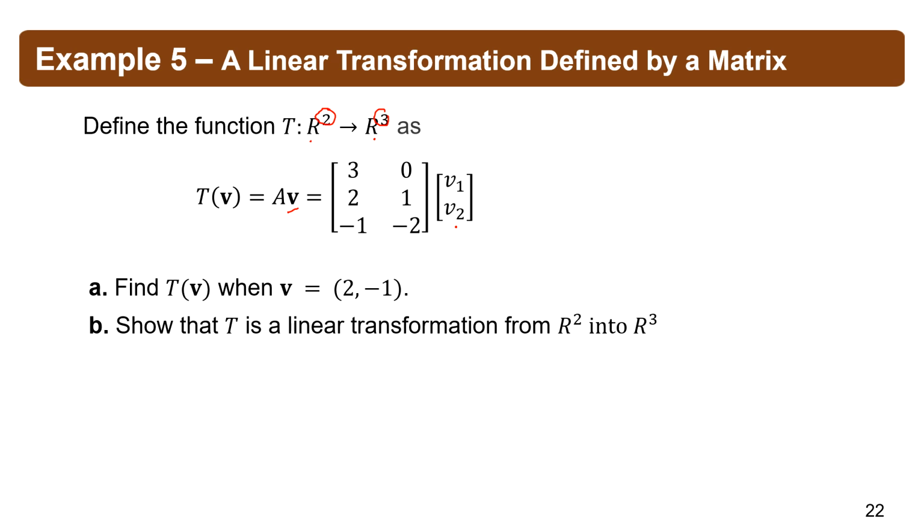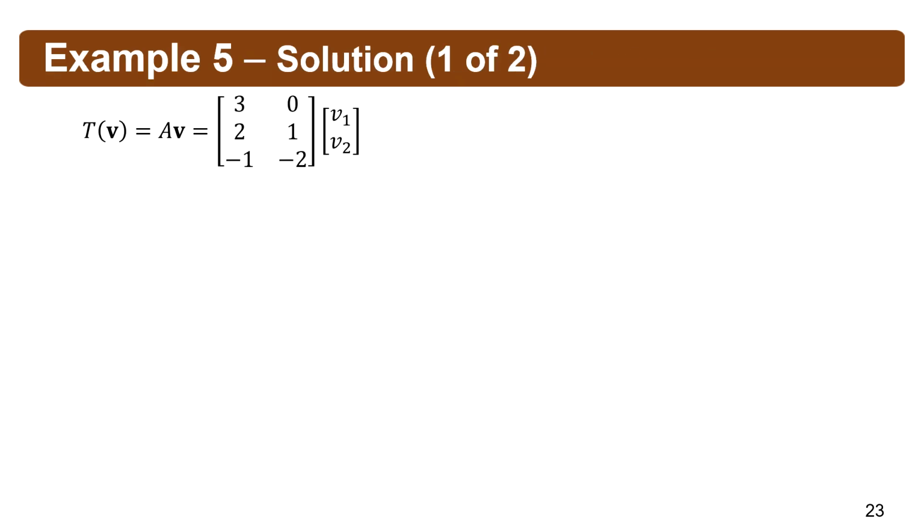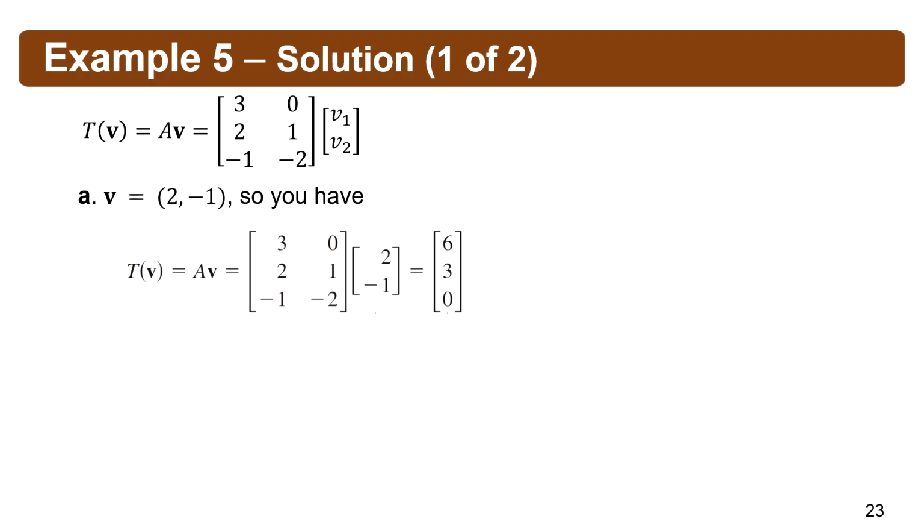And we are asked to show that T is a linear transformation from R2 into R3. So our solution: again, the given vector is (2, -1). So we can write Av equal to the given matrix, and then you replace this with (2, -1).